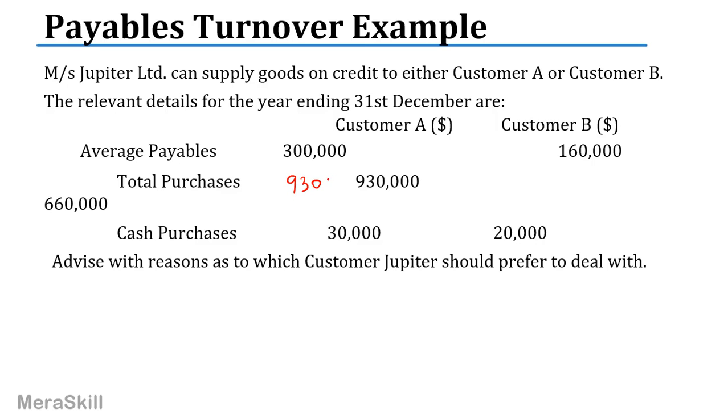Total purchases are 930,000 and 660,000. Got it? Advise with reasons which company Jupiter should prefer to deal with.